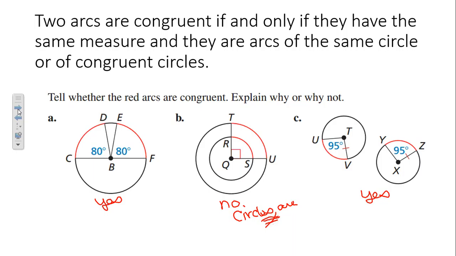Okay, so when we want to know the measure of the angle, we ask for the measure of arc UV. If we want to know how long this red area is, we'll just ask you for the distance between U and V. And we'll talk about that more Monday, next time we meet. Okay, one last point.